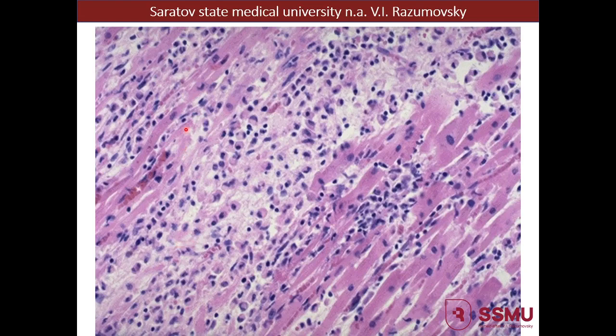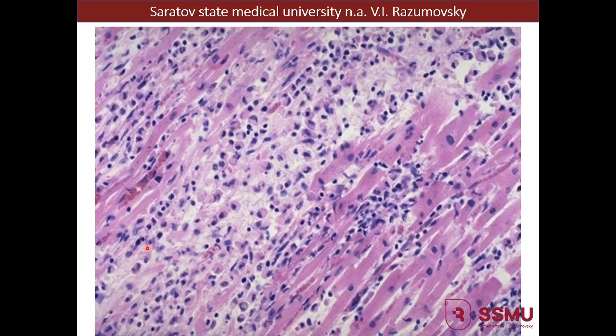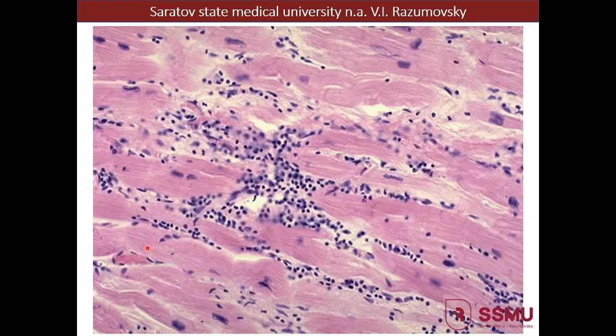On this slide, we may see interstitial inflammation, and accumulation of inflammatory infiltrate between cardiomuscle cells here. And the same process. On this slide, we may see a diffuse inflammatory reaction. In this slide, we may see a focal inflammatory reaction with a small area of damage here.